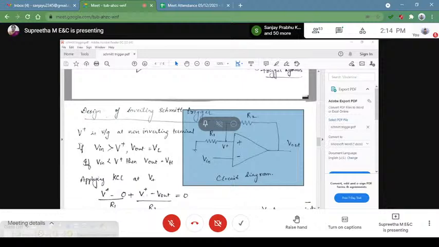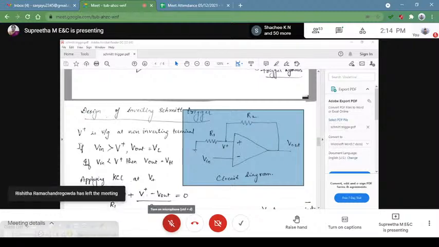Now only we have discussed the working of the Schmitt circuit, which is also your inverting Schmitt trigger. What happens when Vn is greater than V plus?